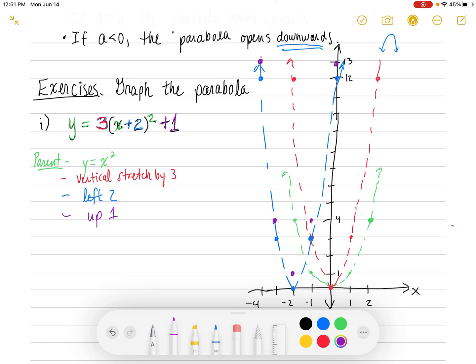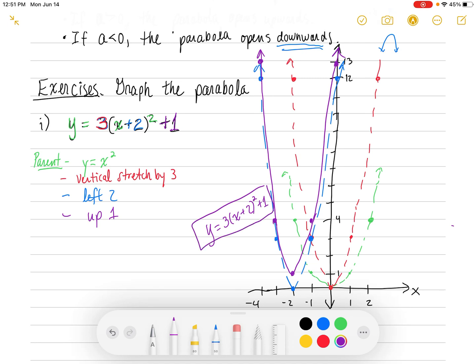Here at negative 2, 0, we're going to move up 1. Here at negative 1, 3, we're going to move up 1. And here at 0, 12, we're going to move up to 0, 13, and we're going to connect these. That didn't work too well. There we go. So the purple one is my final graph.